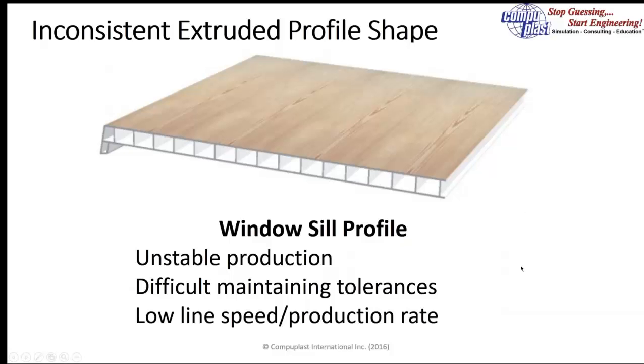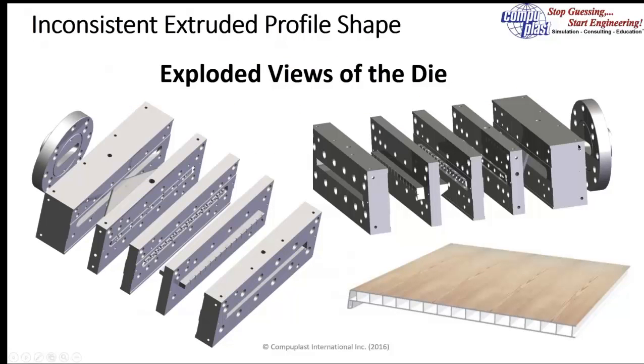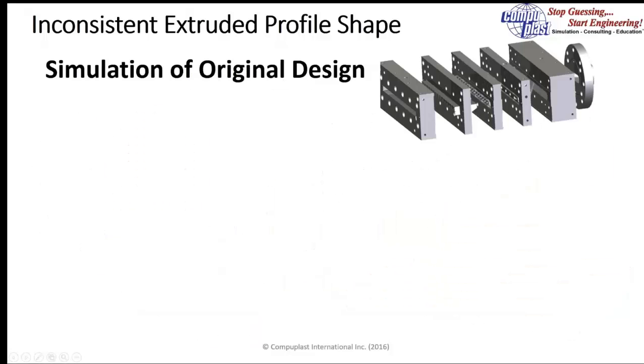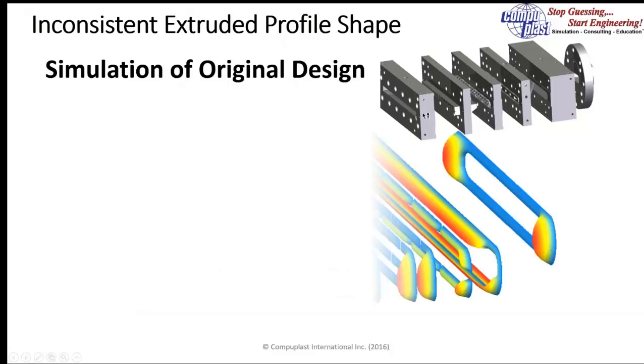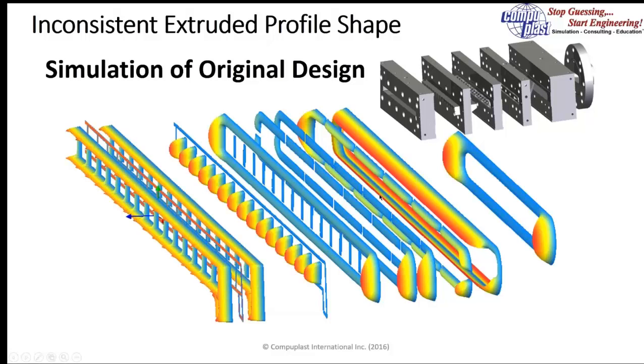The die was constructed as typically is by plates. So here is an exploded view of the die, kind of a front view and a top view to produce this part. And the simulation of the various cross sections in this die showed a very unstable flow die.